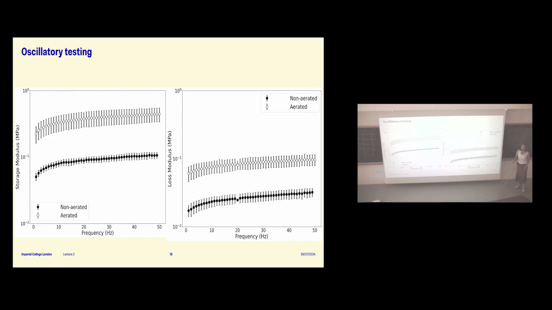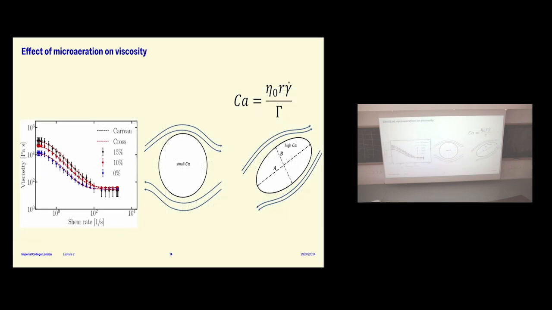So when you put air in this chocolate, it seems to become more viscous, and it gives you higher moduli. So to me, coming from a solid background, that's not what you expect for a solid. If you put air in a solid, you're going to make it weaker, right? So this was interesting.